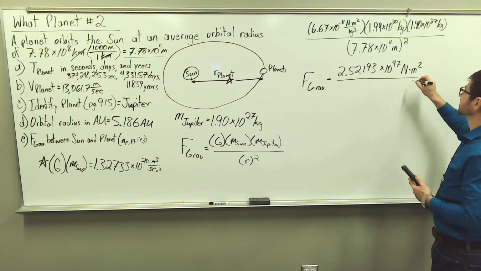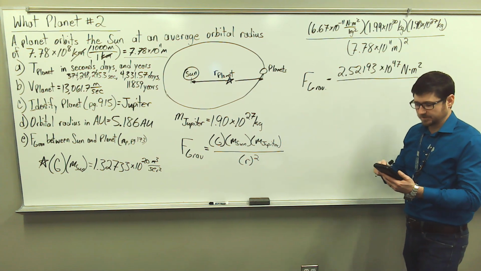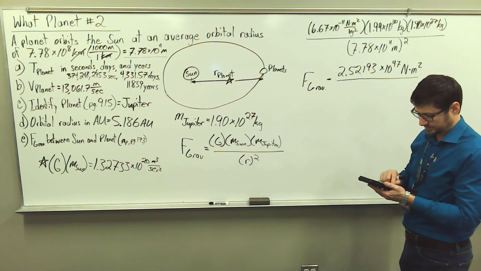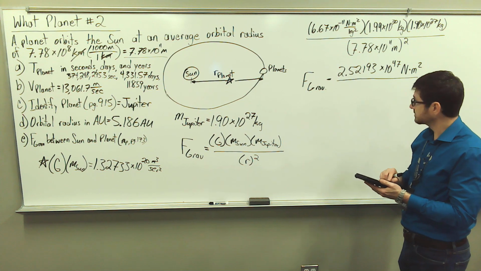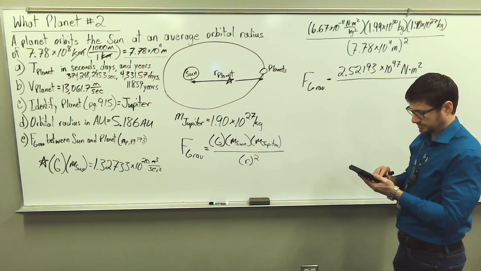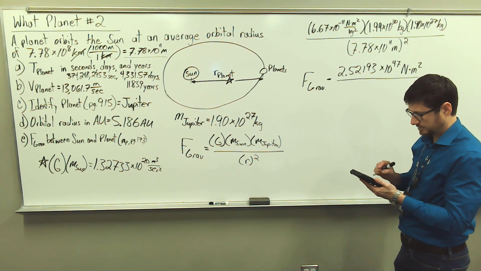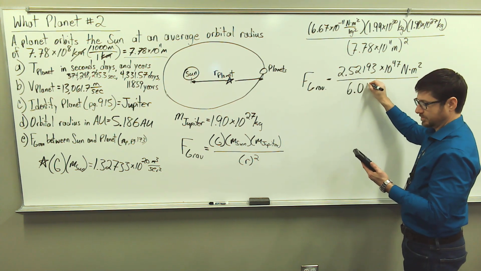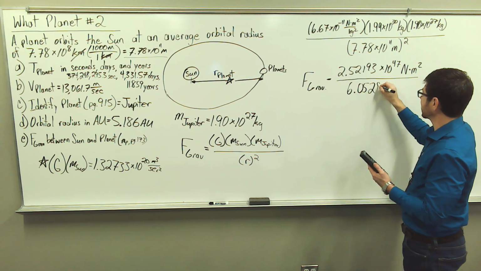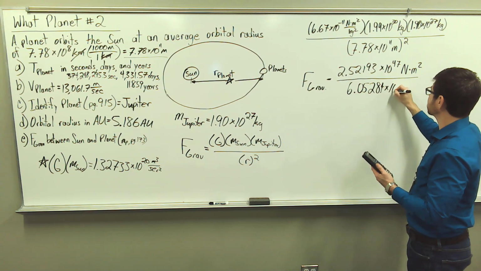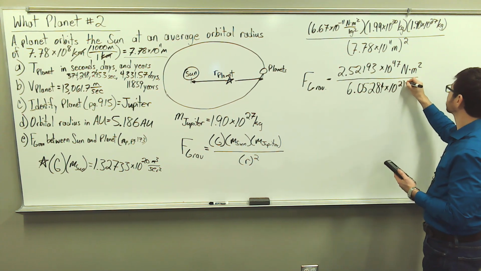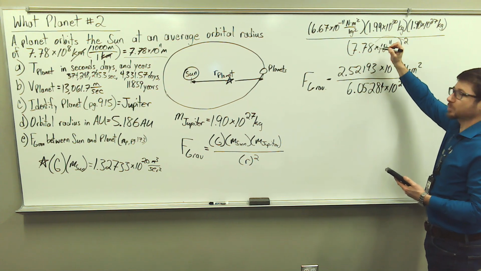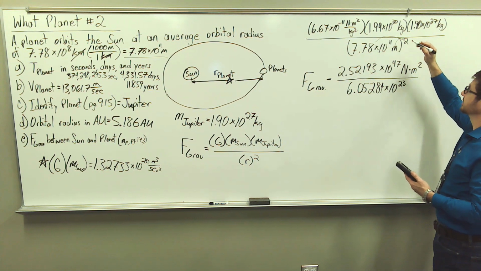We're dividing this, and we have to square our center to center distance. This is going to give me 6.05284 times 10 to the 23rd. And not only do we have to square the numerical value, we're squaring the unit value.